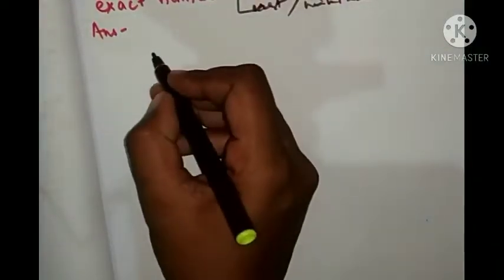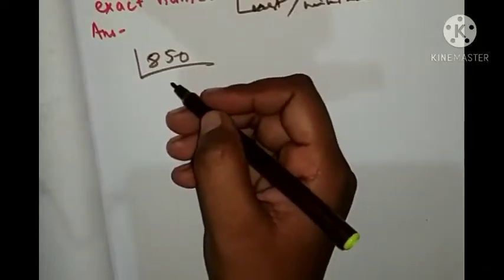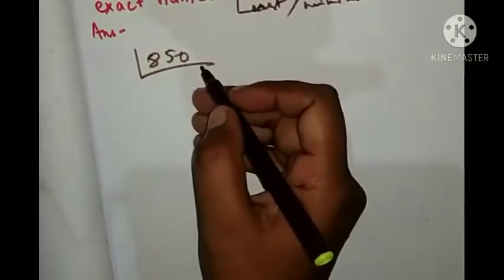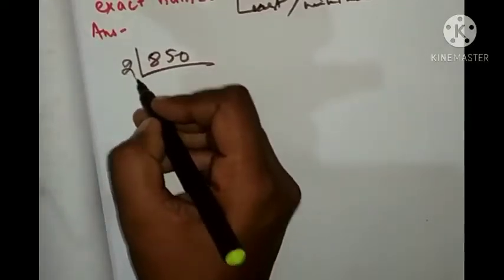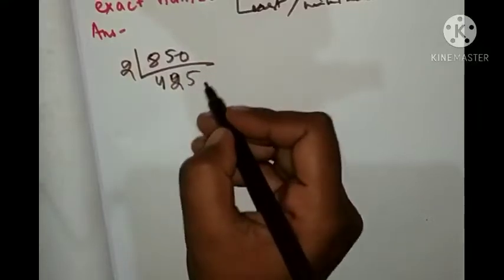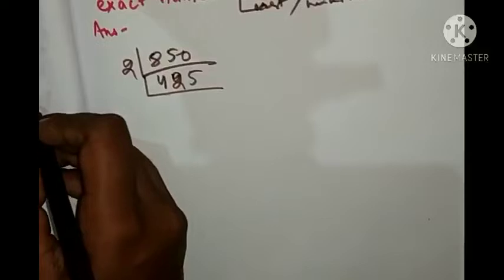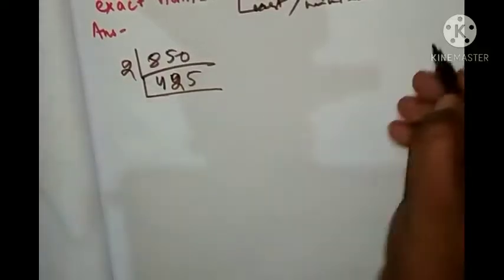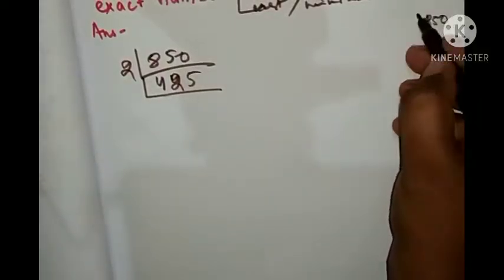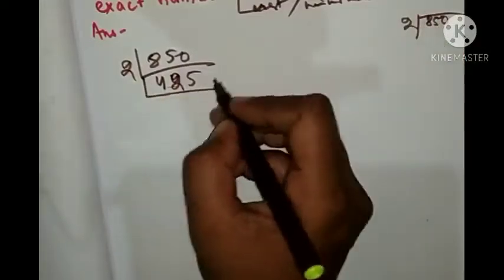So first you find the common factors of both 850 and 680. 2 4s are 8, 2 2s are 4, 2 5s are 10. You will divide. If you are not finding it directly, you can divide. I will divide 850 here. If I am not finding it, I will divide and find the quotient.